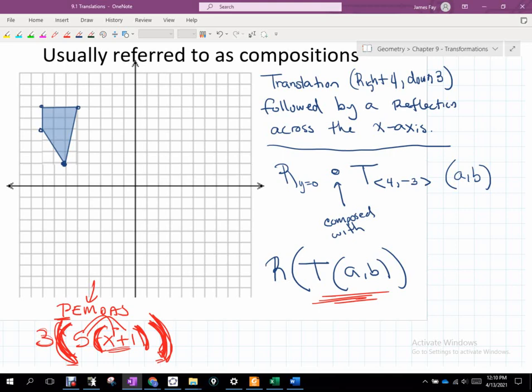Okay? How does that relate to the way we're going to see it written in our homework? When you see something written like this using that composite symbol, you actually work right to left. You're going to do this before you do that. Does that make sense? Okay.